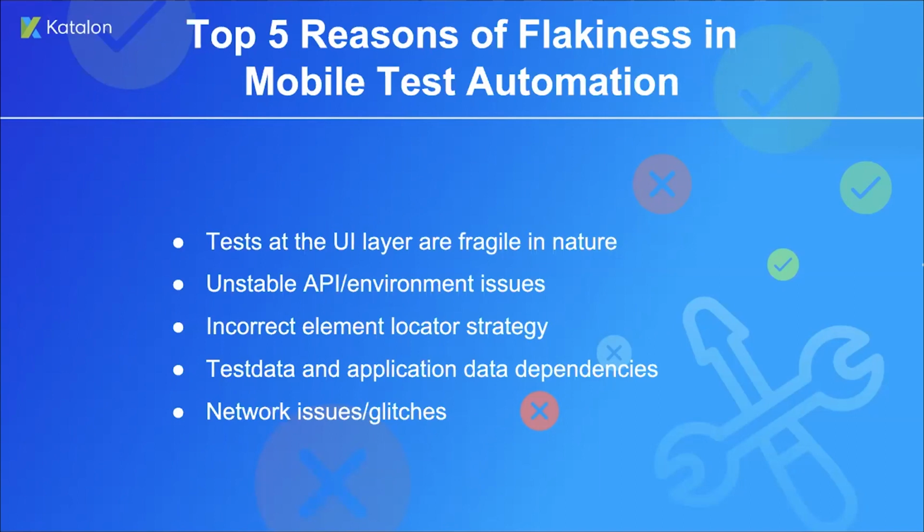And the final problem is also quite technical, especially if you want to simulate environments in which the internet connection is not stable. If you want your application to work well even under these conditions, then you will have to handle network issues and glitches as well.